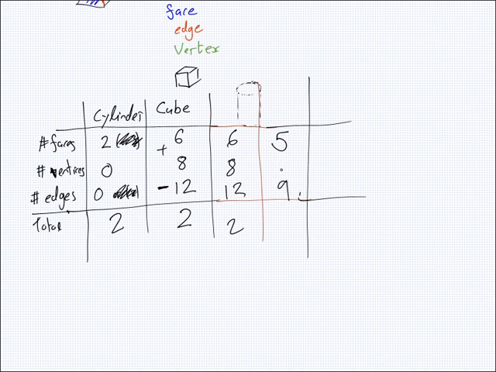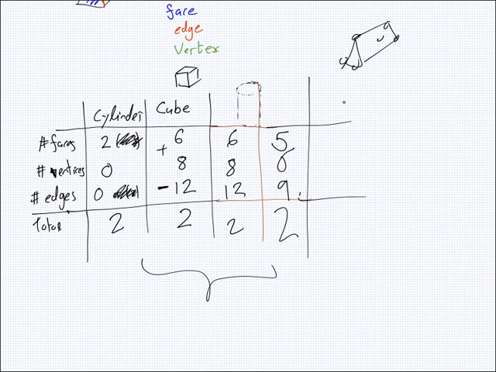And how many vertices? 6. 1, 2, 3, 4, 5, 6. 5 plus 6 minus 9, that's 2. Do you see something happening here?